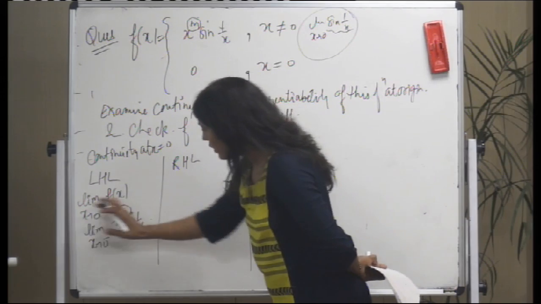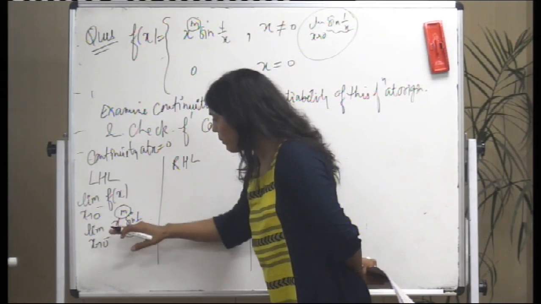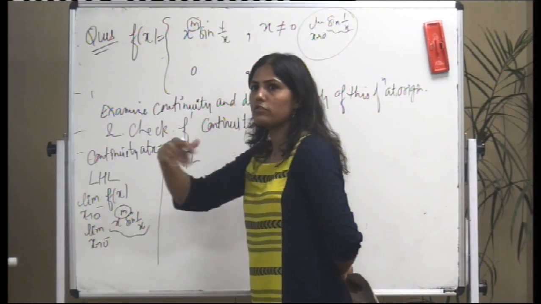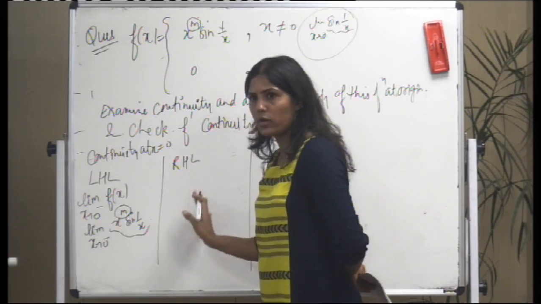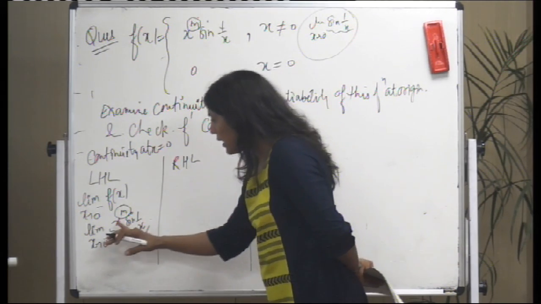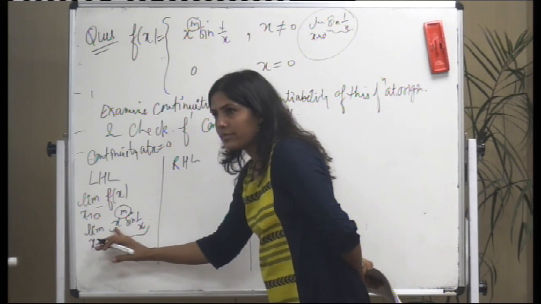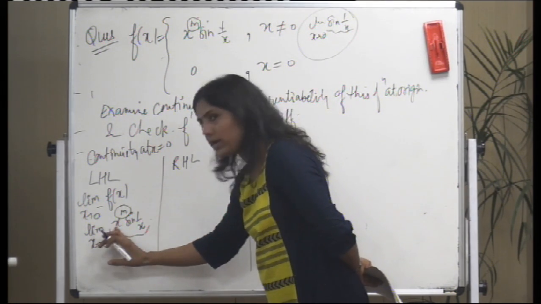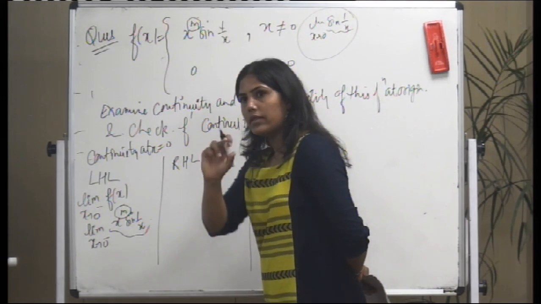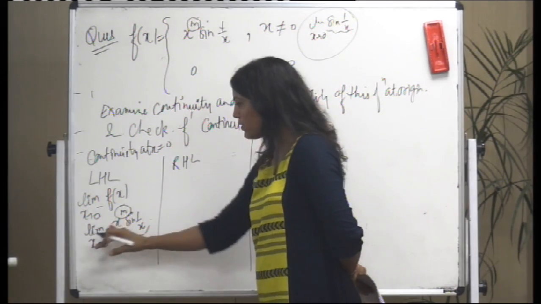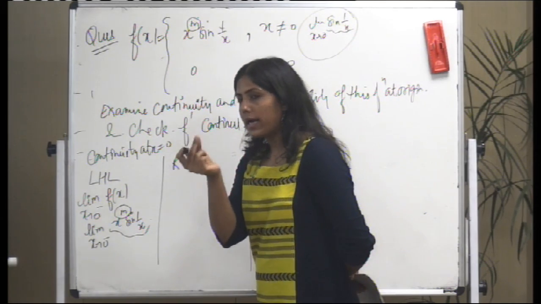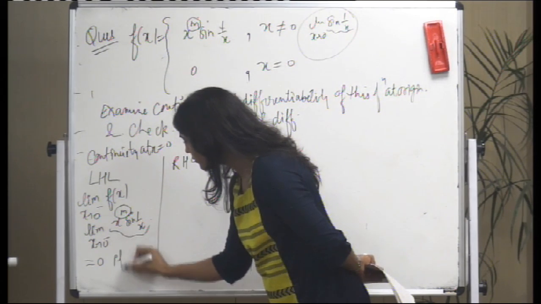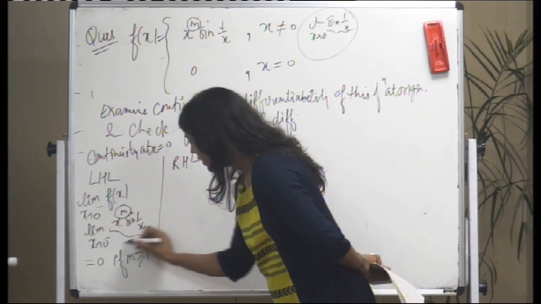If I want this limit to exist, because I want to check continuity, where both limits should be equal, I need at least one x here, because this is finite, and if I multiply this number with 0, it will become 0. So at least 1 x I need. It means this will be 0 if m is at least 1.